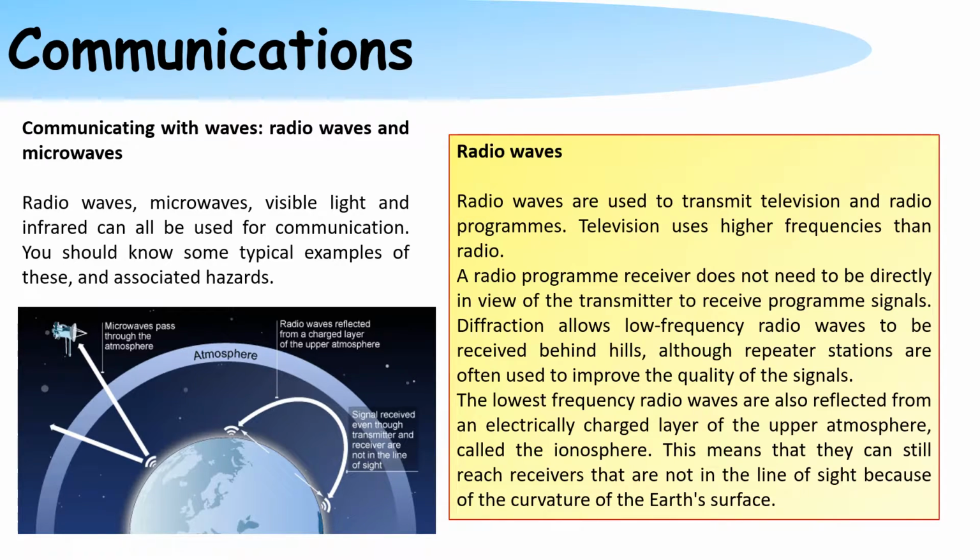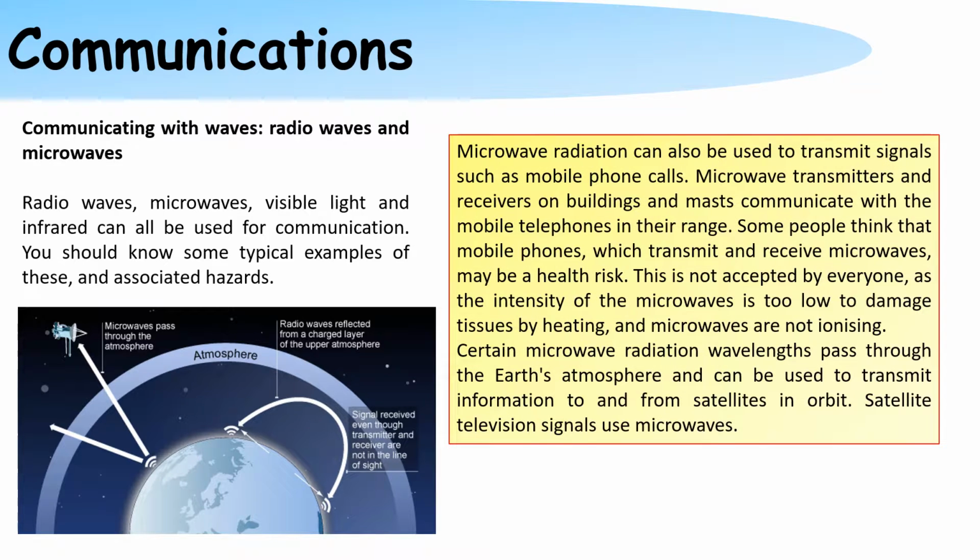A radio transmitter can refract or diffract radio waves at lower frequencies, whereas microwaves used in transmitting TV shows have to be passed up to a satellite in the Earth's orbit, where it can then be transmitted back down to get around the curvature of the Earth. Microwaves can also be used to transmit signals in this way. Mobile phones and mobile phone receivers use microwaves.